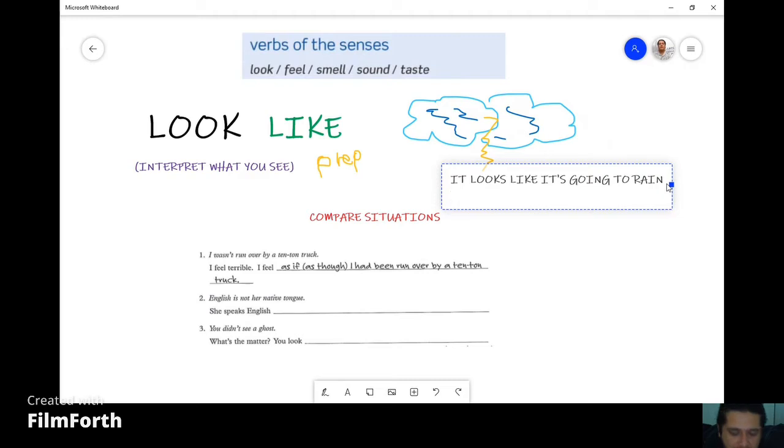That's another way. It looks as if it's going to rain. And also you can say it looks as though it's going to rain.